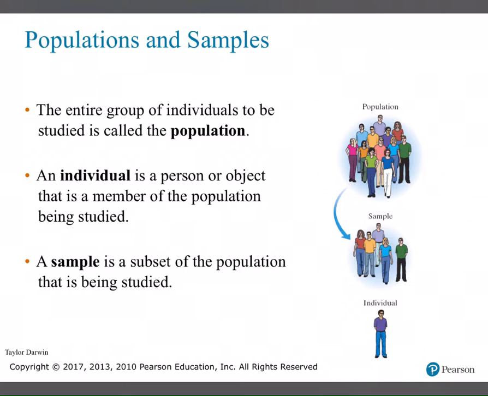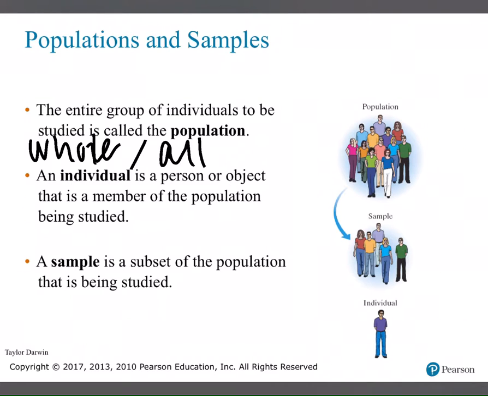So there are a couple more terms that you need to be familiar with, and these will not go away. We'll be talking about these throughout the semester. Whenever we talk about the entire group, or what I like to consider the whole, that is called the population. And a lot of times when you're talking about population, it will also use words like "all," meaning everyone, the whole of what you're talking about.